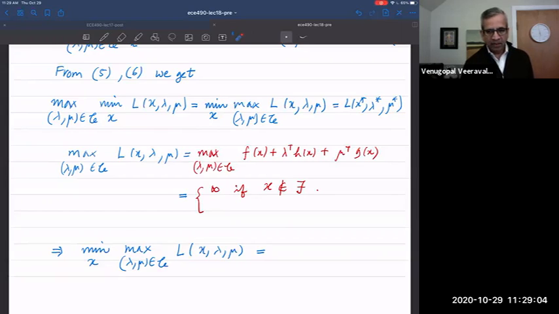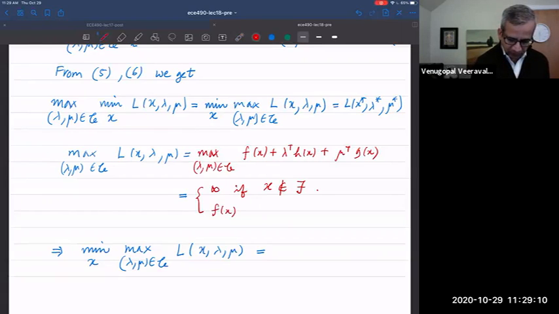The maximum value is basically going to be f of x, because this will go away, and this will be something less than or equal to 0. So what you would do is basically make the mu's all 0, and then the maximum value obtained will be just f of x in that case.